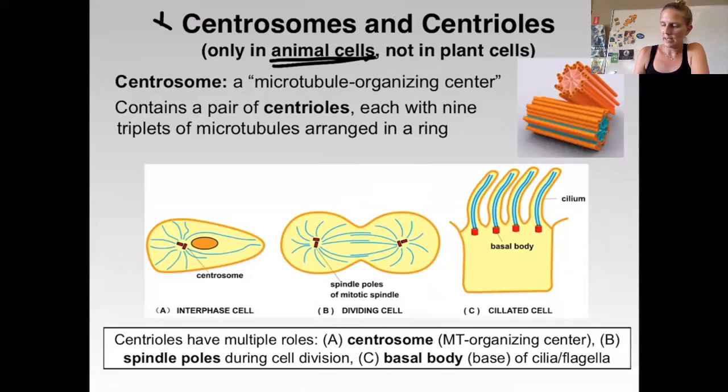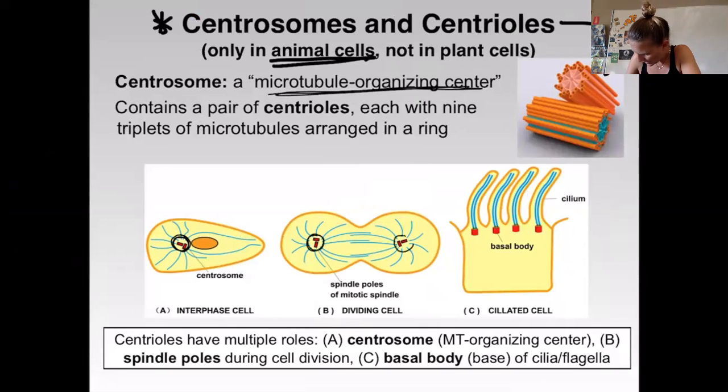We are going to talk about centrosomes and centrioles. And this is what I did my entire PhD on, studying these little buggers, which are the centrioles. All right, so a centrosome is a microtubule organizing center. What you can see down here is the little black part that I'm drawing. That is going to be the centrosome.